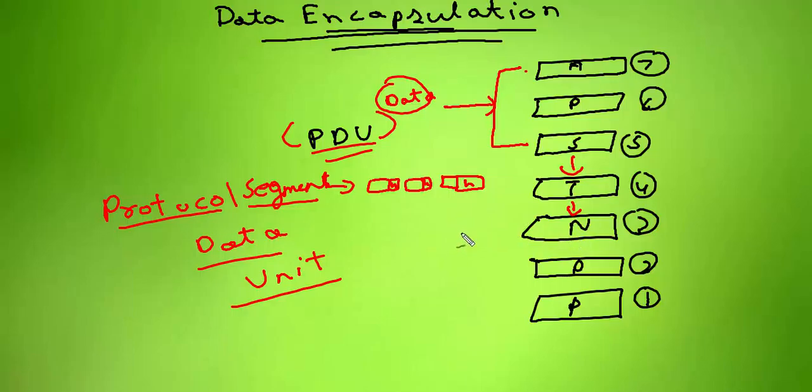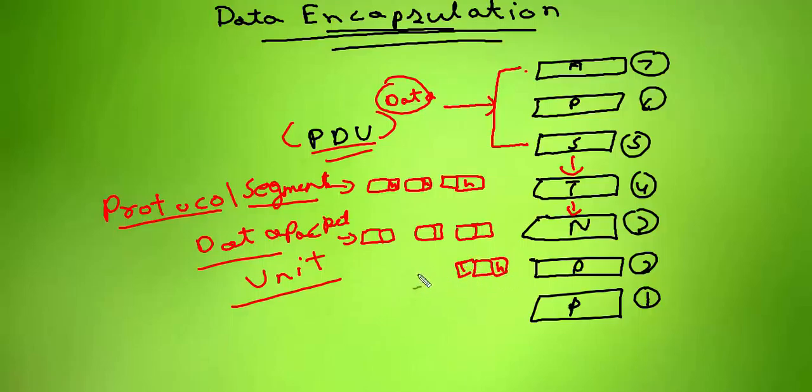The network layer will add its own header, the IP header, to every segment, and we have packets. Then in the data link layer we have a header and also a trailer.